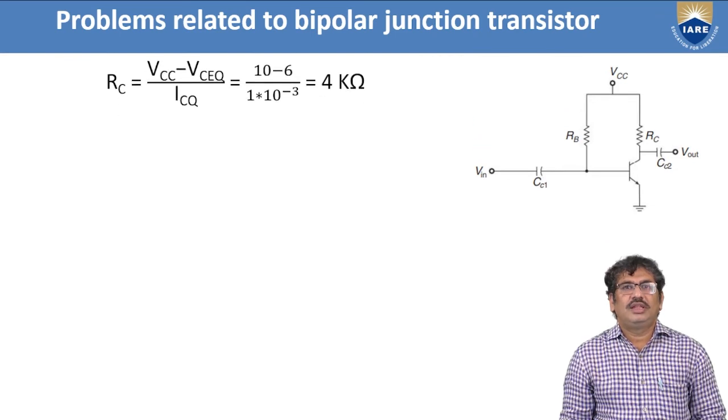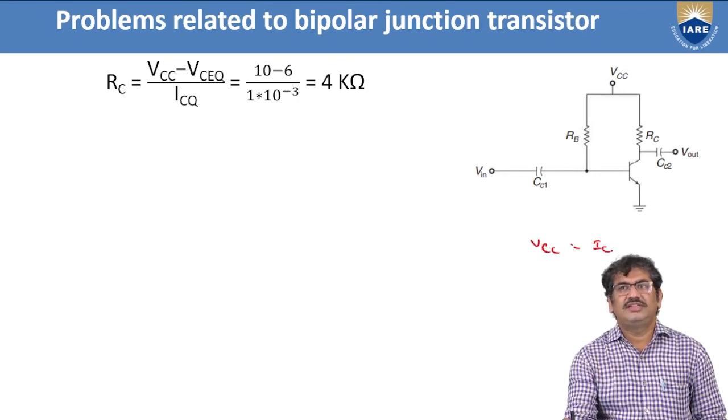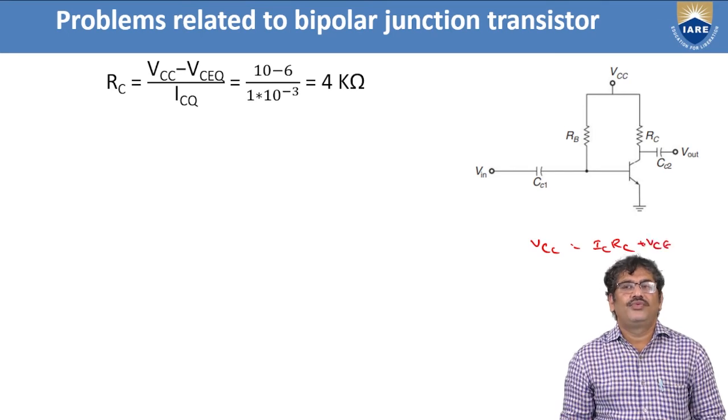As we know, the KVL expression for the output circuit is given as VCC is equivalent to IC into RC plus VCE. From this, RC we can write as VCC minus VCEQ divided by ICQ. Upon substituting VCC as 10 volts minus VCEQ as 6 volts and ICQ as 1 into 10 power minus 3, we will get RC is equivalent to 4 kilo ohms.